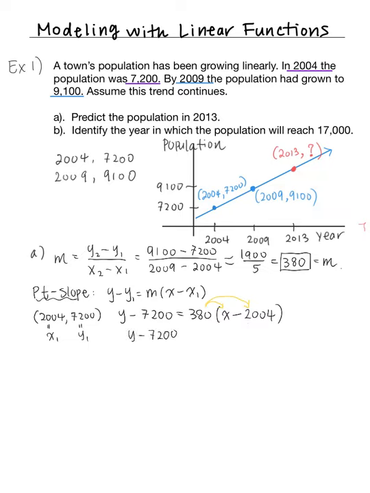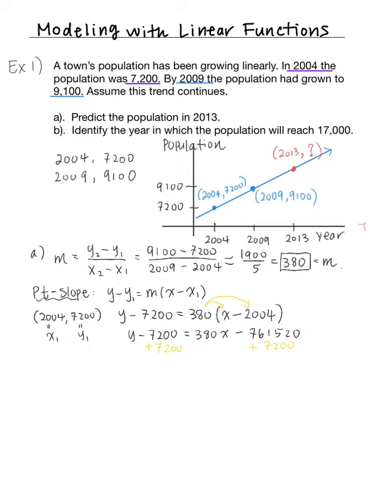So we got y minus 7200 equals 380x and then minus, oh boy, what is that? I got 761,520 with my trusty calculator. All right, so then what we're going to do now is add 7200 on both sides.